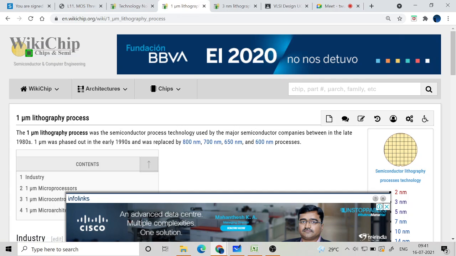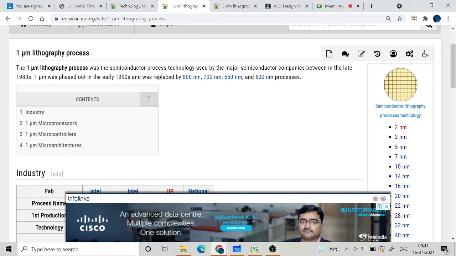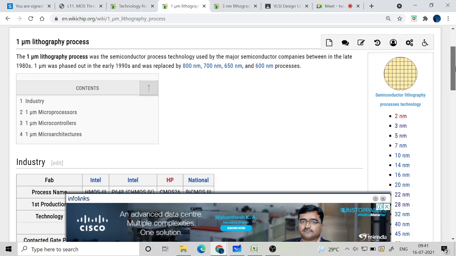It started in the 1980s, the 1 micrometer lithography process, and then it was replaced by the following technology node in the 1990s.